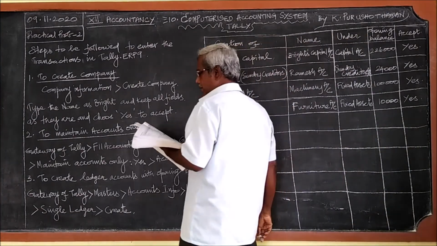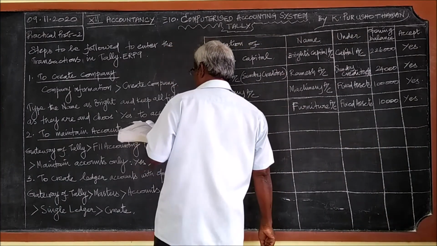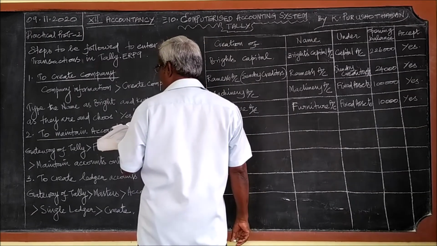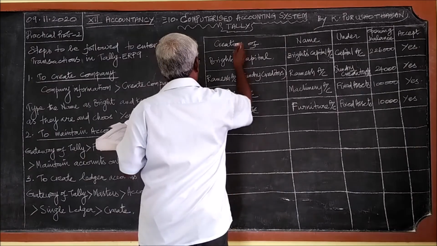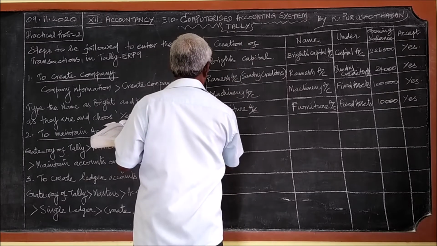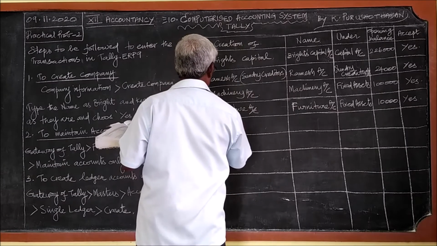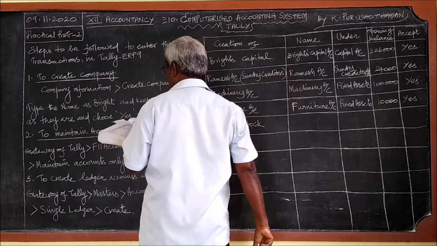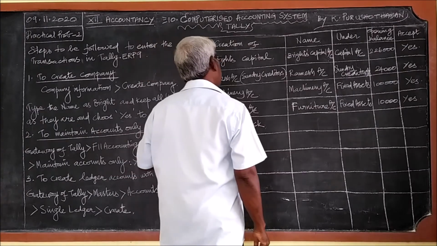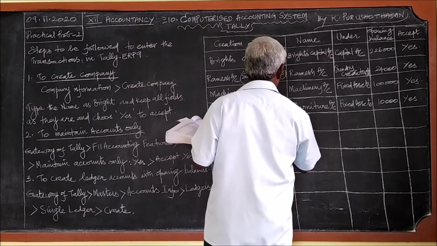Then after furniture, stock. This is the stock on 1/4/2018. Therefore, it is opening stock, creation of opening stock. The name of the account is also opening stock.